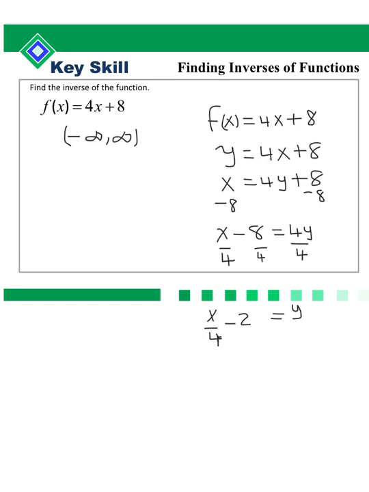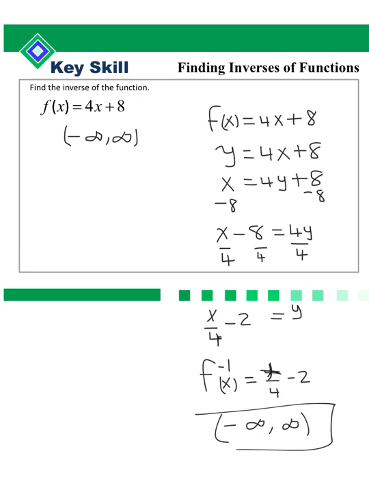And this is still a line, and now I can use the notation for the inverse. So x over 4 minus 2, and here, that's x. So the domain here is just going to be negative infinity to infinity because it's just a line. So this is the inverse and that's the domain.